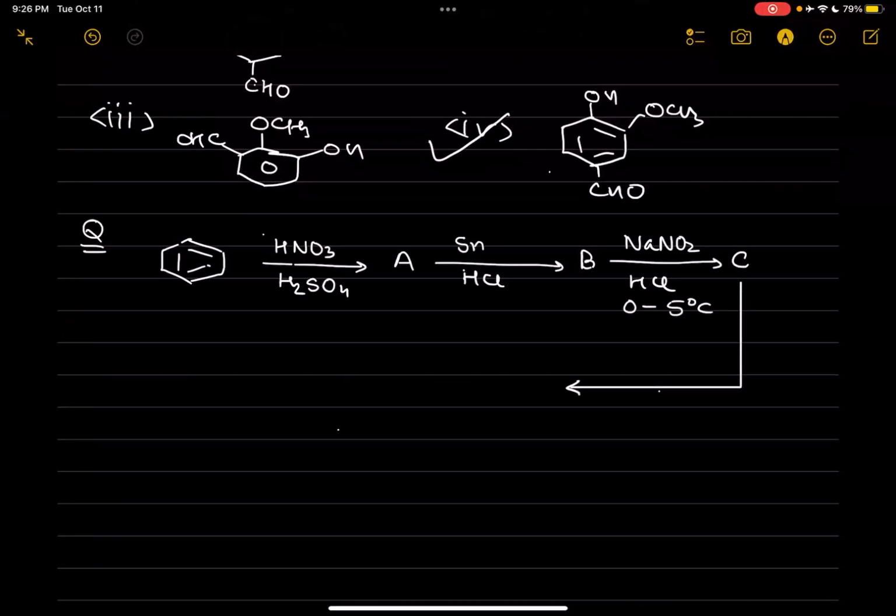So you can directly tell me what is C. So benzene diazonium chloride. Yeah. CuCN plus KCN or K3Cu(CN)4. So what's going to be D? And what's going to be E?